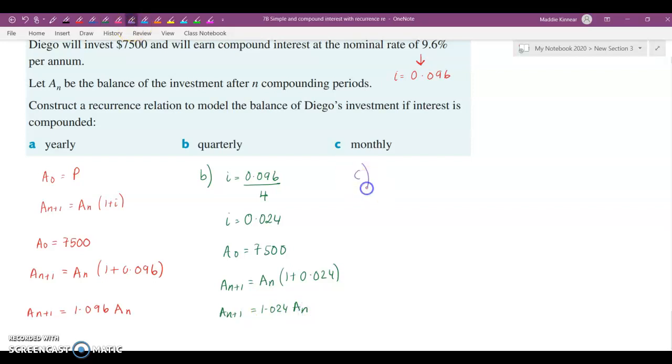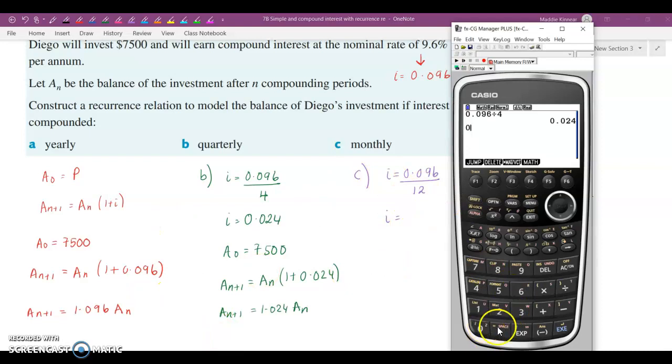Okay, the final one, monthly. Again, this is a nominal rate of 9.6%. This time we need to divide our 9.6% by 12, because we're splitting it into 12 equal interest rates over the year. So we get i equals 0.096 divided by 12, which is 8 times 10 to the negative 3.